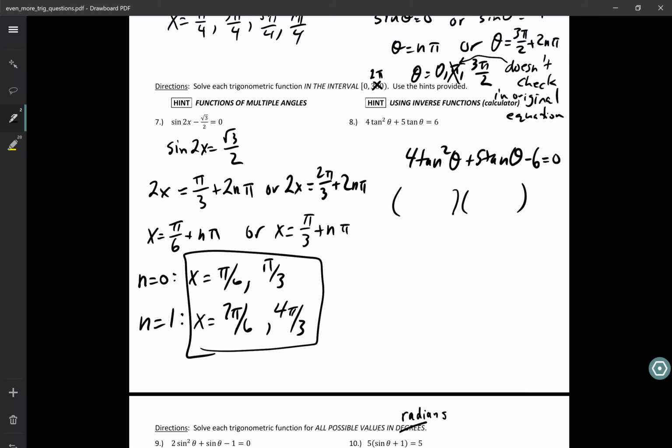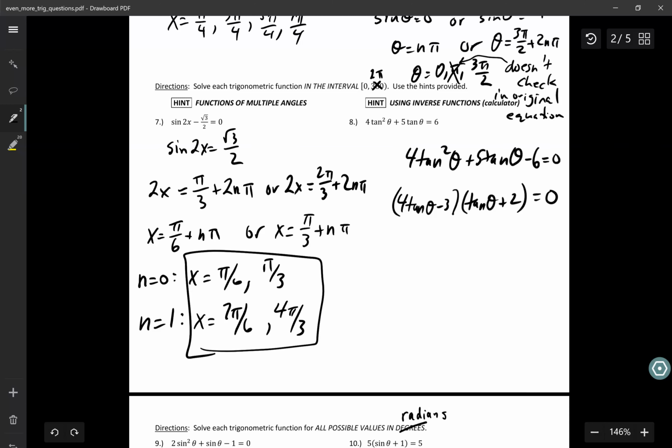Can I factor? Yeah, I can factor this. So this is 4 tangent theta, and then I need a minus 3 here, and a tangent theta, and a plus 2 here.